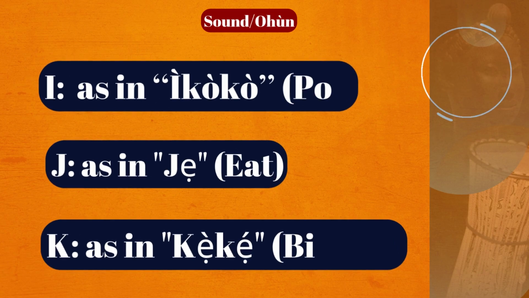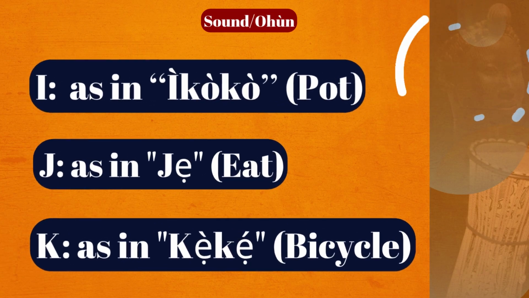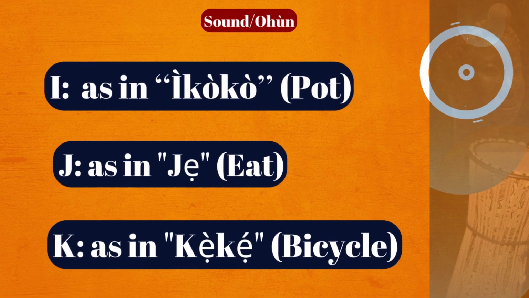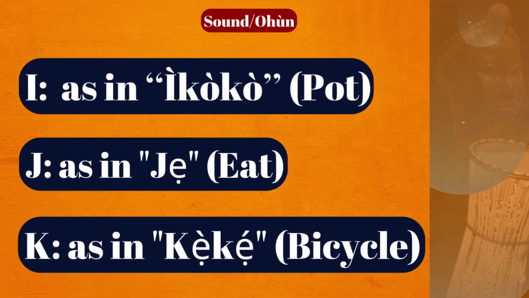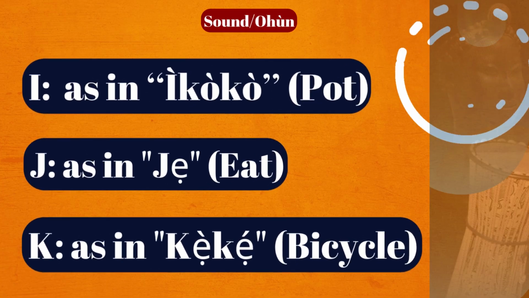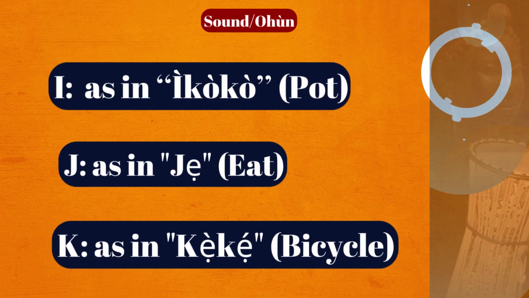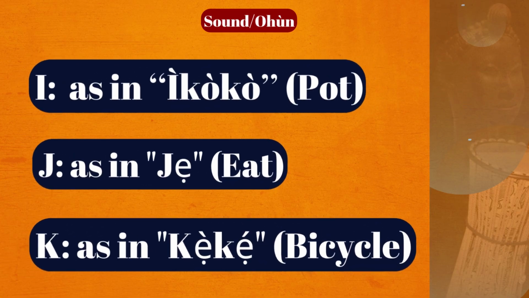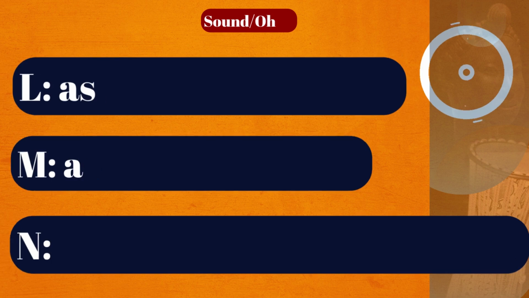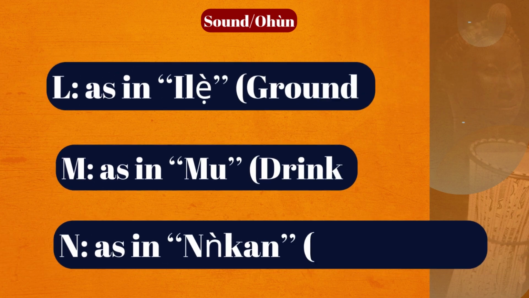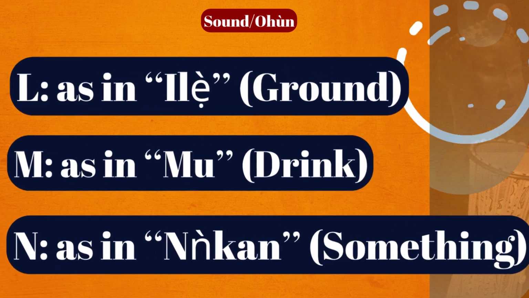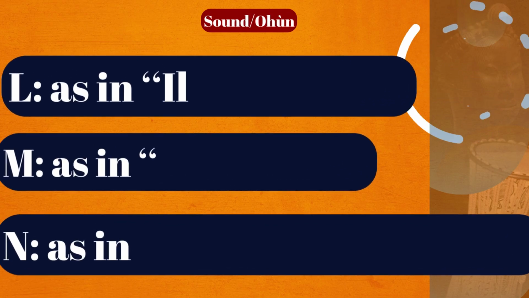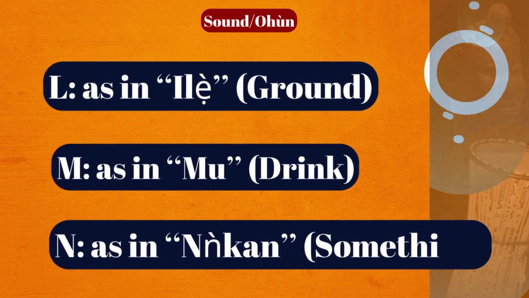Kí, kẹ̀kẹ́. Key is underlined. Kẹ̀kẹ́, that's bicycle. Lí, as in ilẹ̀, which is ground or land. Ilẹ̀, land.